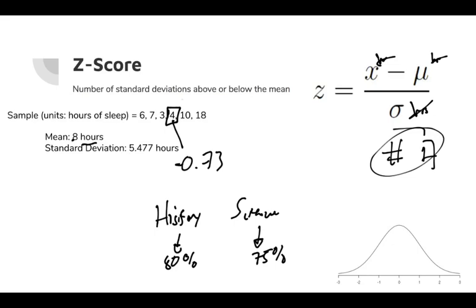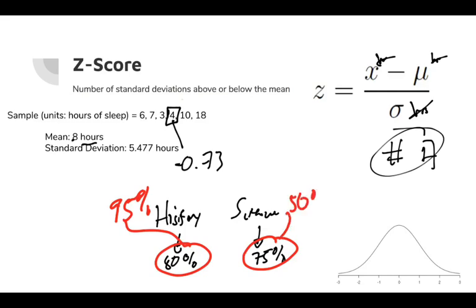The cool thing about z-scores is, number one, these percentages don't really tell me very much. What if the average test score in history class is a 95%? That would make Jimmy below average. But what if the average test score in a science class is 50%?